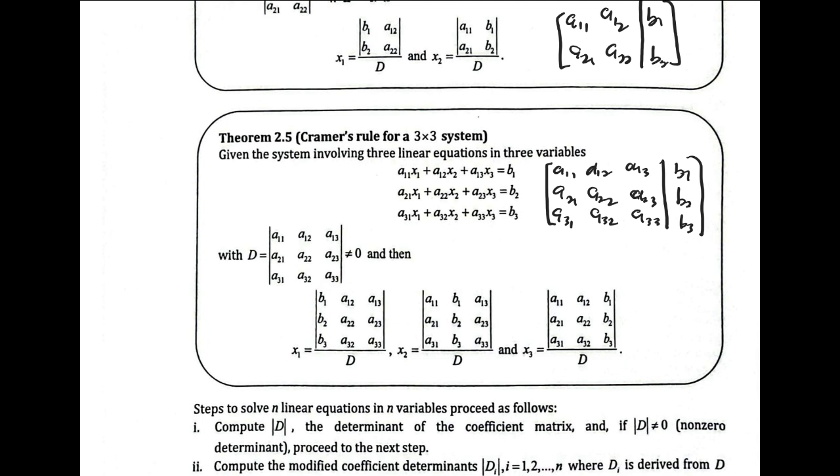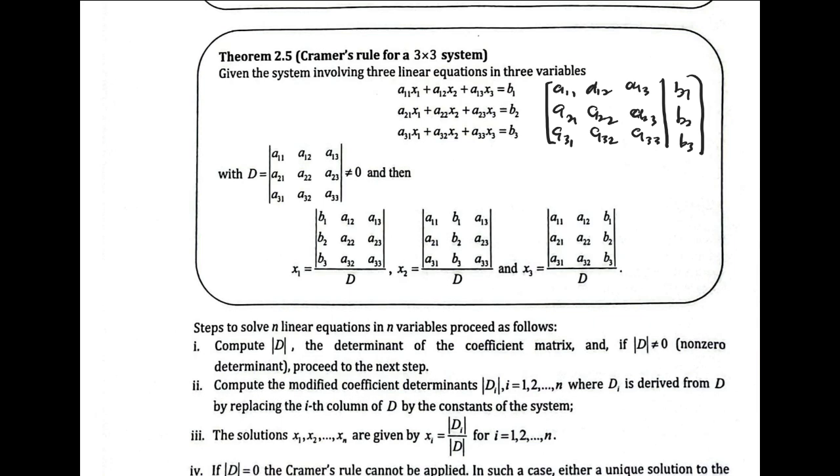For x2, substitute the coefficient column of x2 with the constant matrix, then calculate. And for x3, as you can guess, substitute the coefficient column of x3 with the constant matrix and calculate.